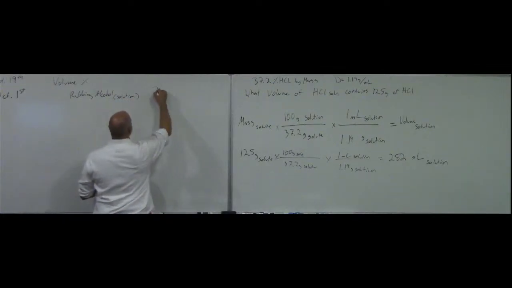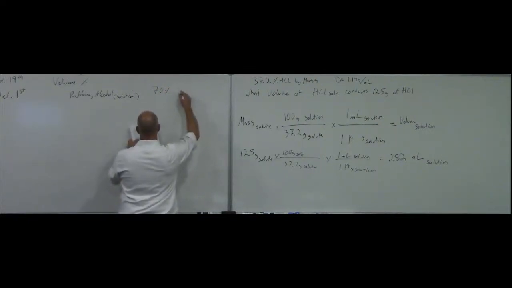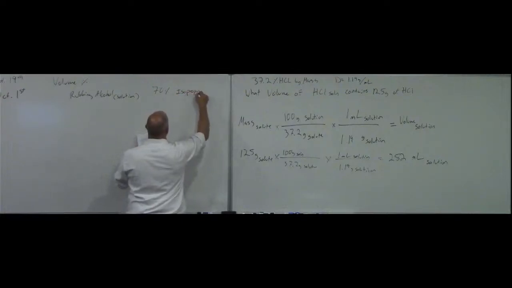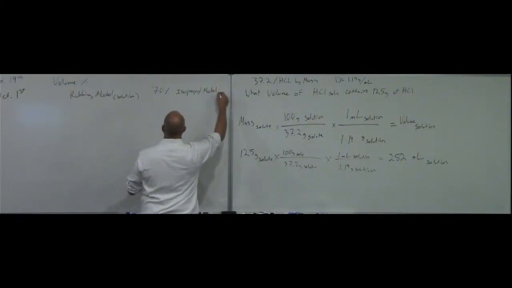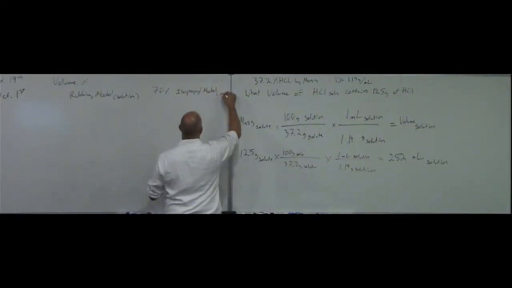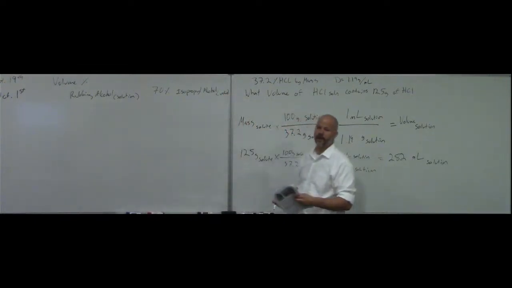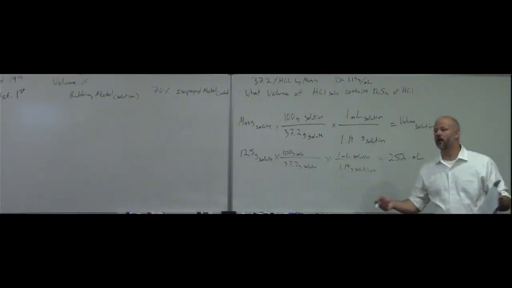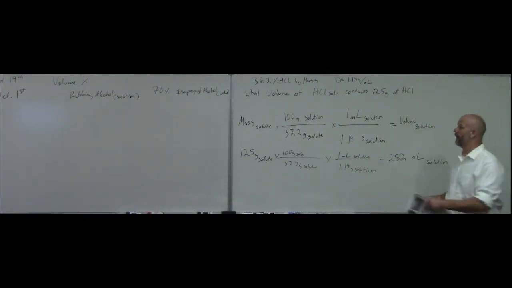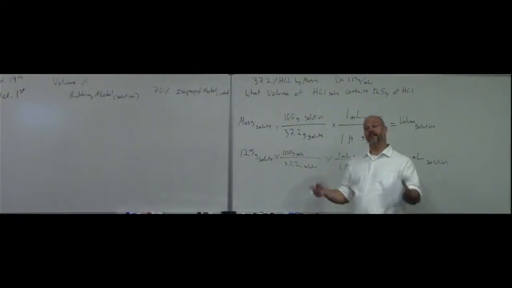It's 70% isopropyl alcohol by volume. Okay. So if I had a volume of 100 milliliters of rubbing alcohol, how many milliliters of that are isopropyl alcohol? 70, right? If I had 10, then 7 of them.